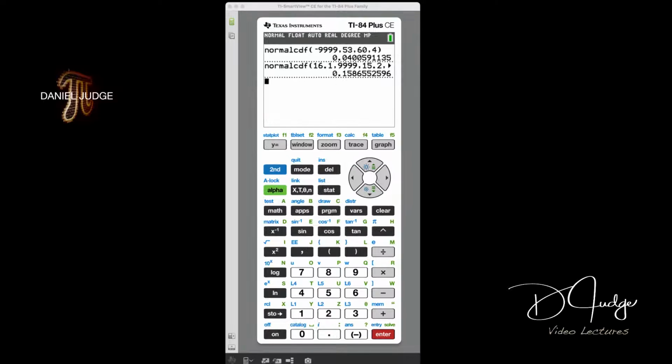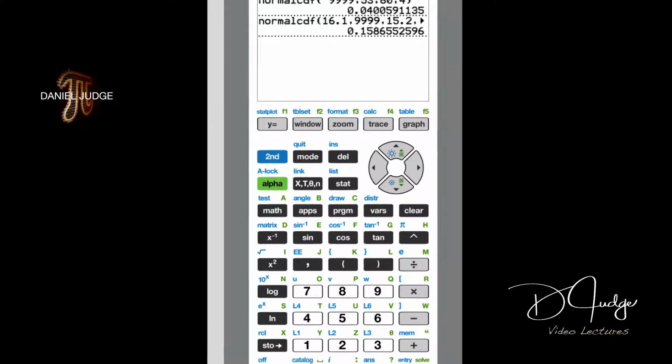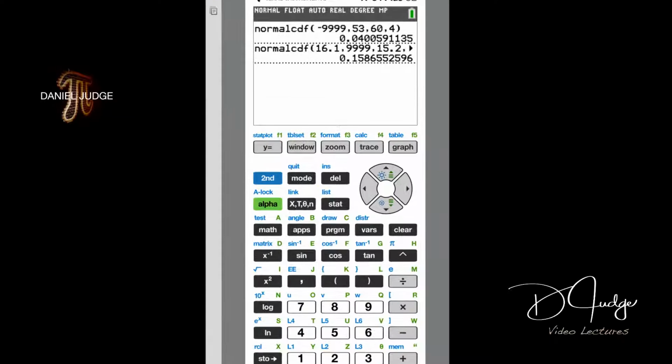All right, now let's see if we can scroll in that field so easily. I guess that's the best we could do. Let's go out to the nearest 10,000s here, okay? So this answer is going to be approximately, let's write this down, 0.158655, right?